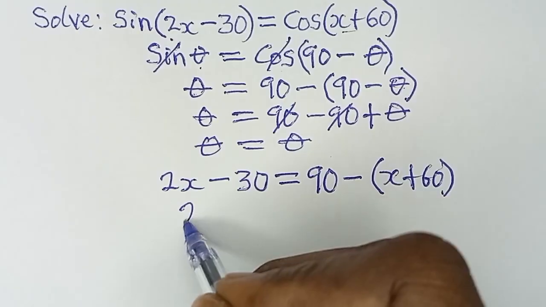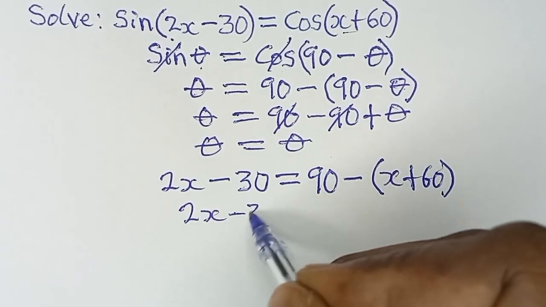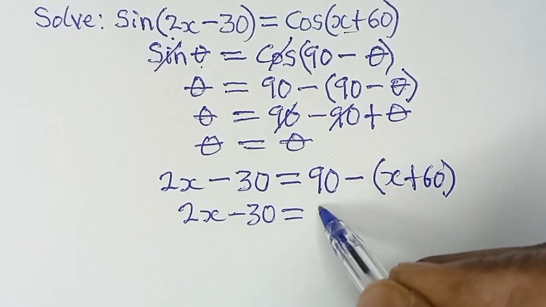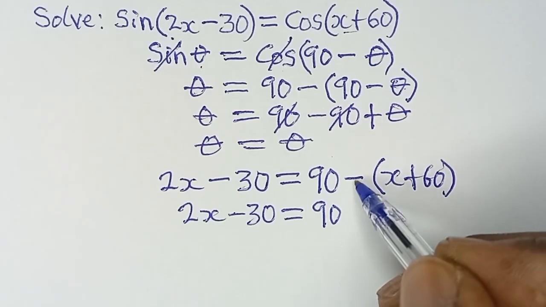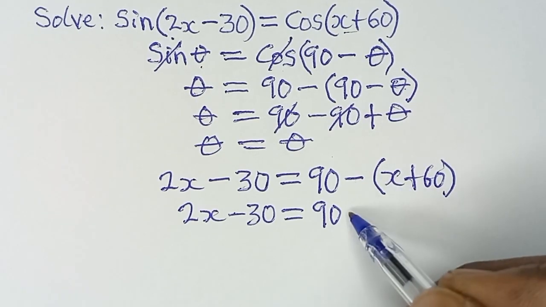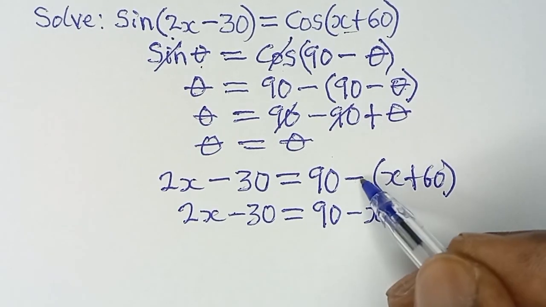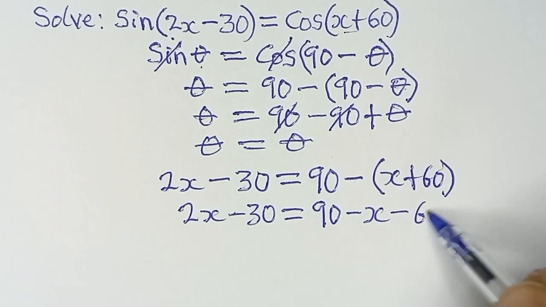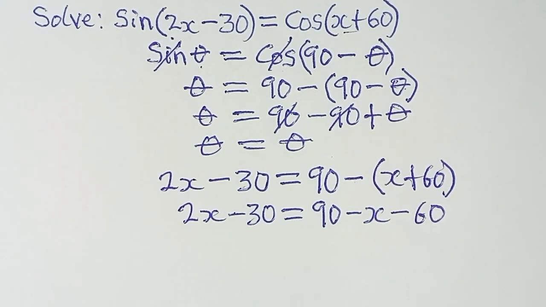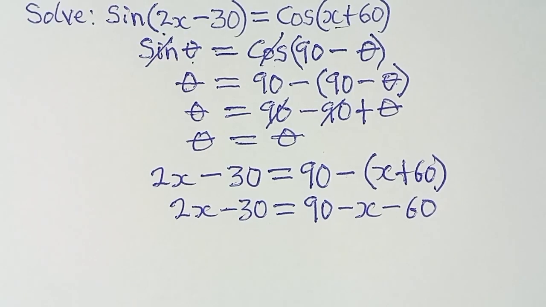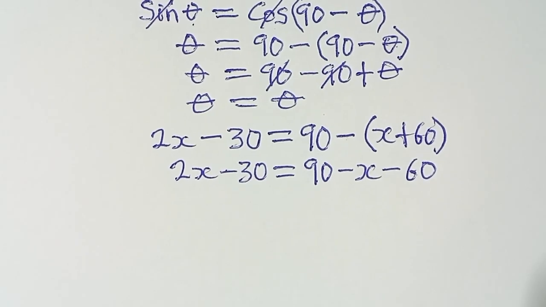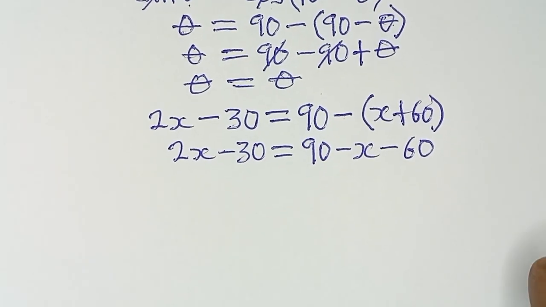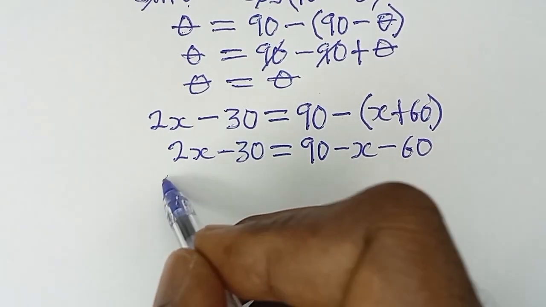So 2x minus 30 is equal to 90, then negative multiplied by the positive x gives us negative x, and negative multiplied by positive 60 gives us negative 60. Then let's collect like terms. I'll leave the 2x on this side.